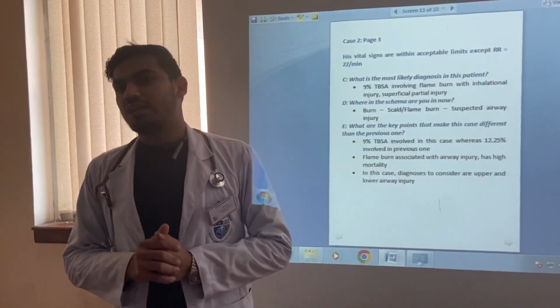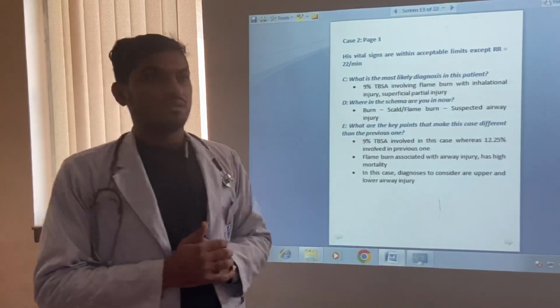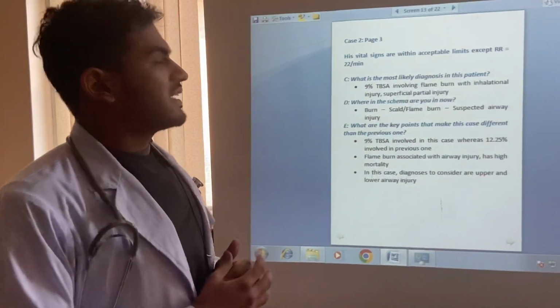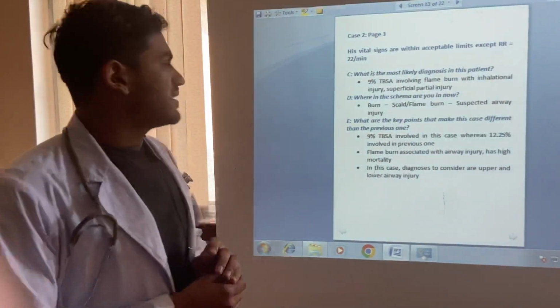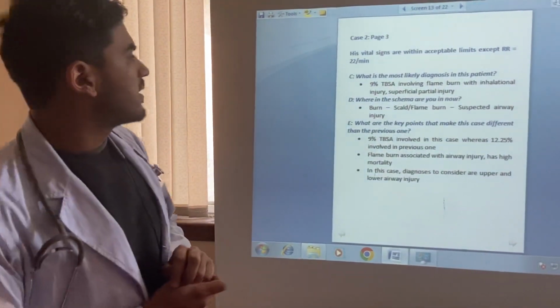So we have to suspect that if there is a whole circumferential burn. So his vital signs are within the acceptable limit, except respiratory rate, which is increased to 22 per minute.